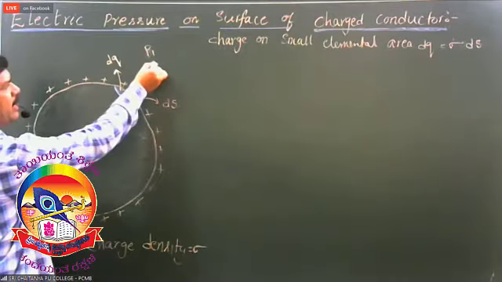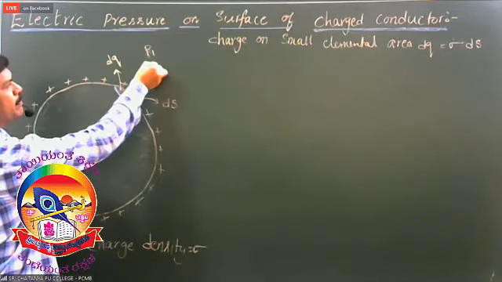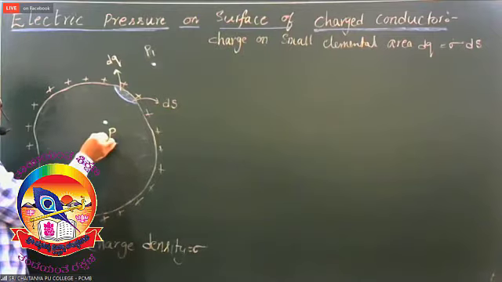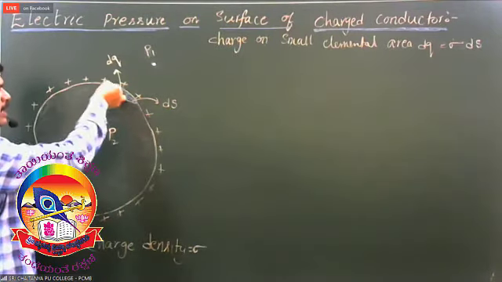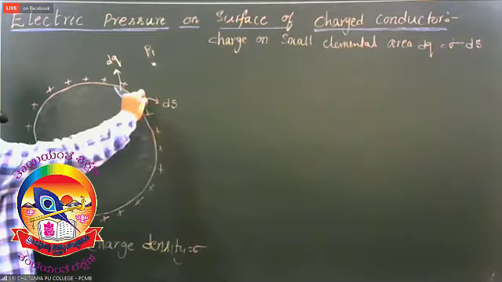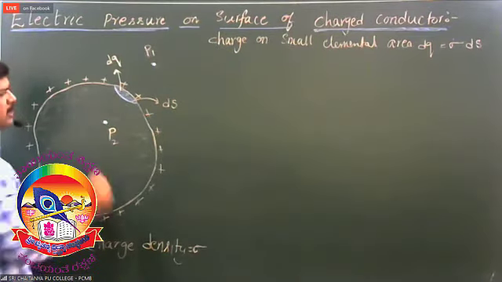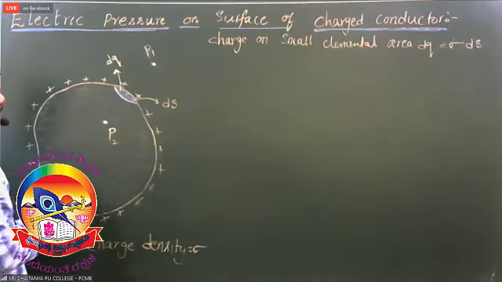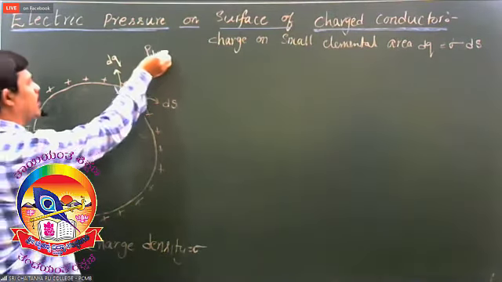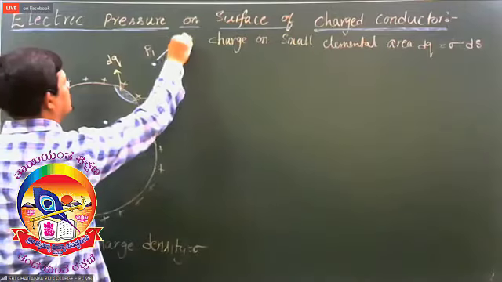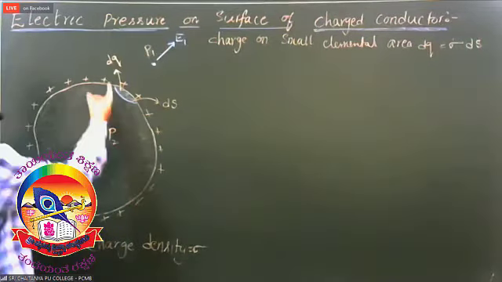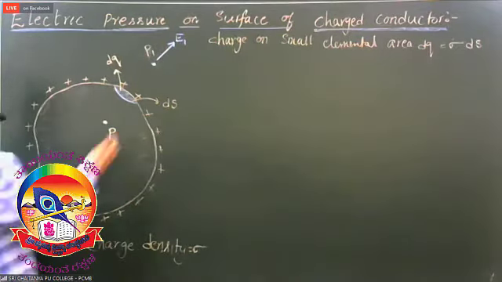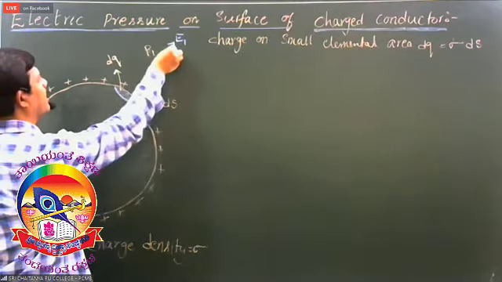What is the field at this point P1? What is the field at this point P2? Due to this small element and due to this remaining portion, and the total. See here. Due to this small element, let the field here be E1. Due to this remaining portion, let the field here be E2.